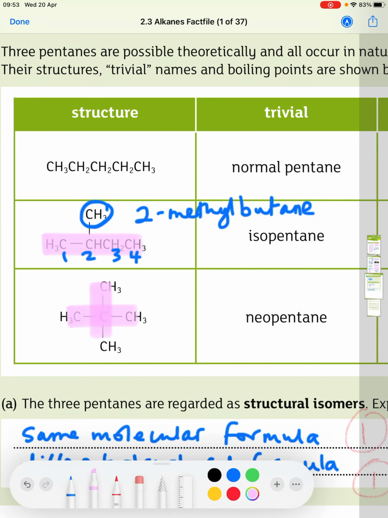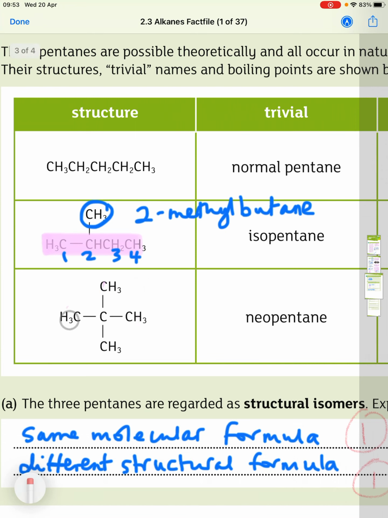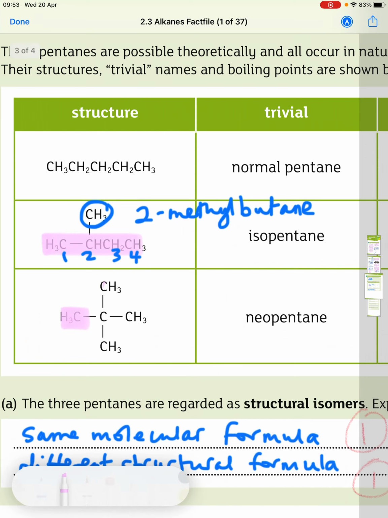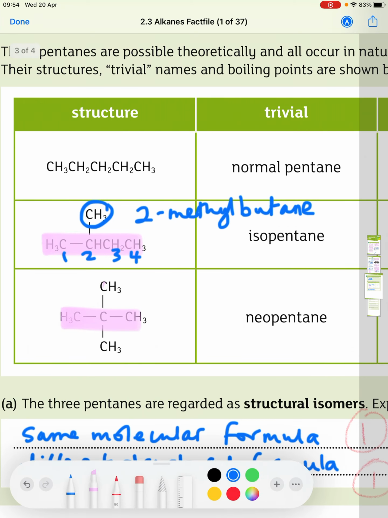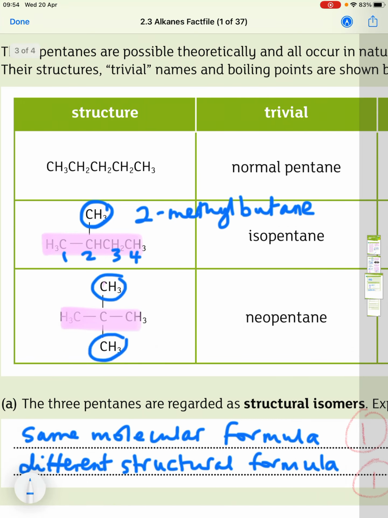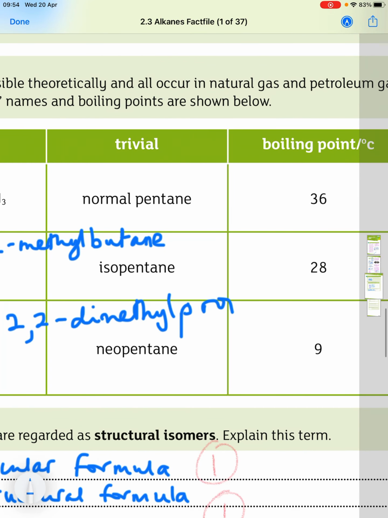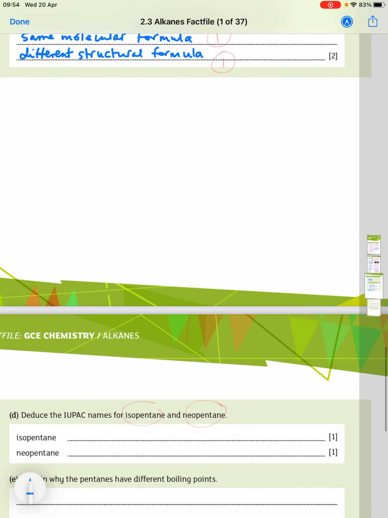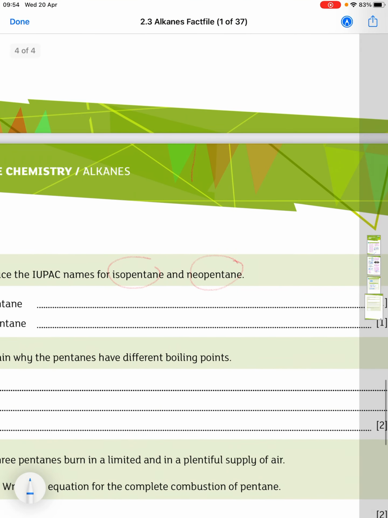And then for neopentane, it doesn't matter which way we go, the longest chain is still going to be 3 carbons. Looking at numbering these 2 methyl side chains, it doesn't matter if you go from either end, they're going to be on carbon 2. That's going to be 2,2-dimethyl. And 3 is the longest chain, so propane.